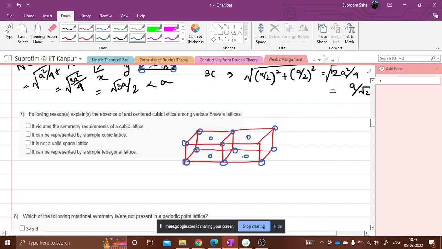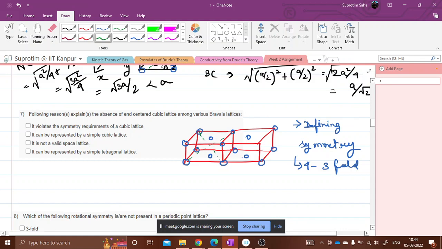All right. So in that case, first of all, if you rotate, the defining symmetry is, right. So you have to basically rotate around the body diagonals, right? And there are 4 body diagonals, right?